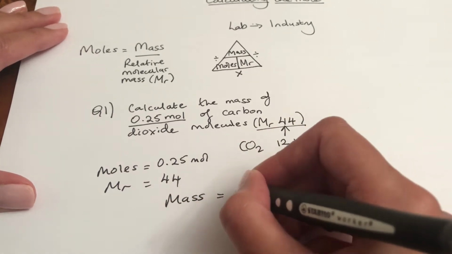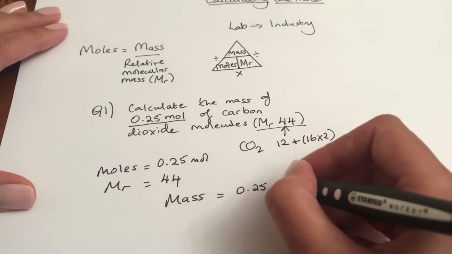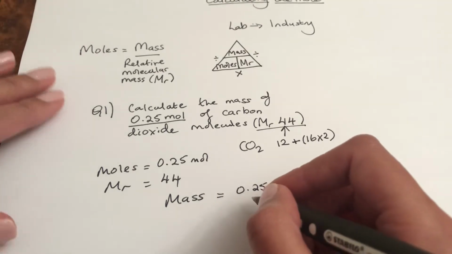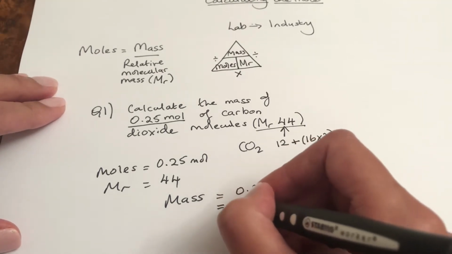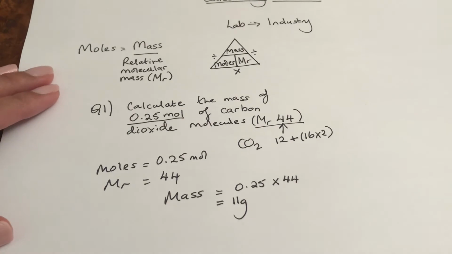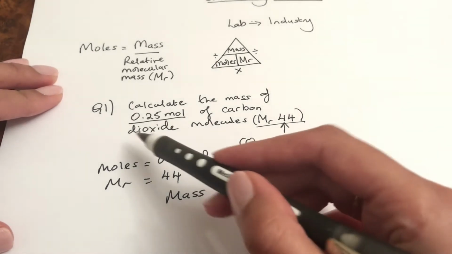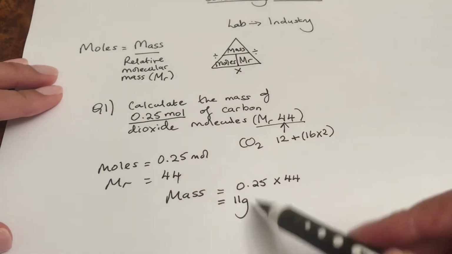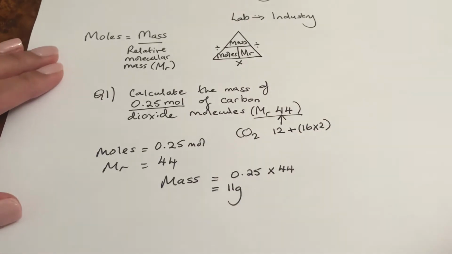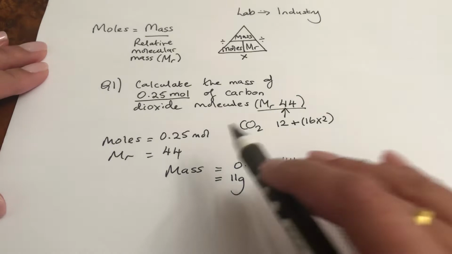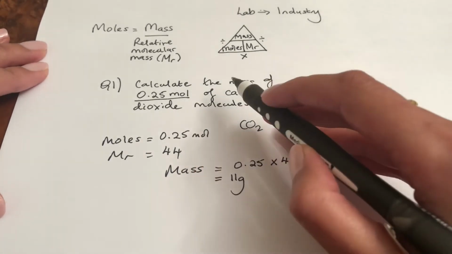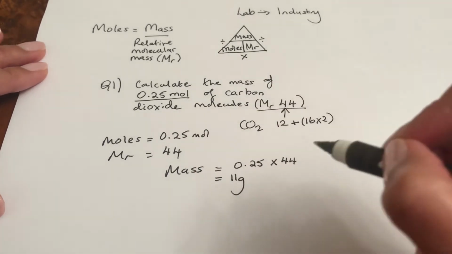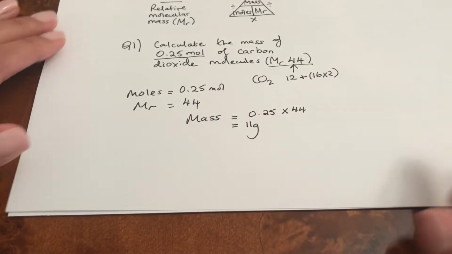So mass is 0.25 multiplied by 44, and that gives you 11 grams. Okay, so this means in 0.25 moles of carbon dioxide, this would all weigh up to 11 grams. So this is how much I would be expecting. And then obviously you can work backwards and work out the number of particles within them using Avogadro's constant. Okay, so it all ties in.